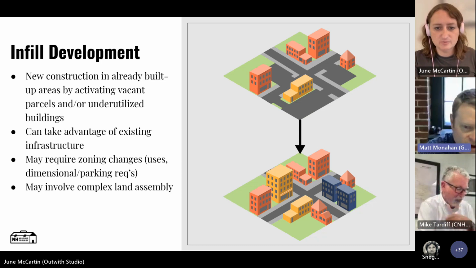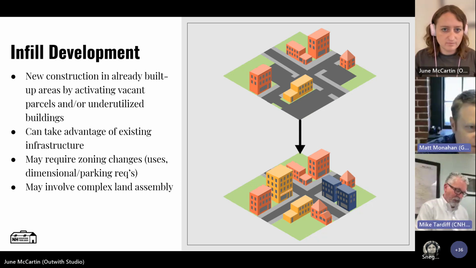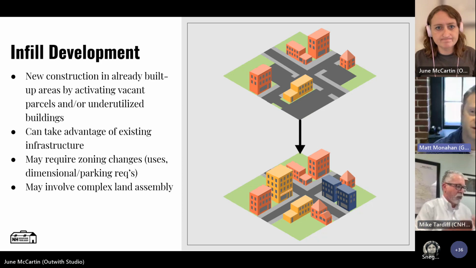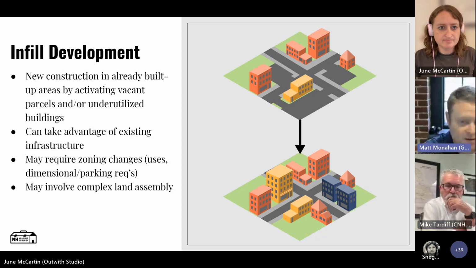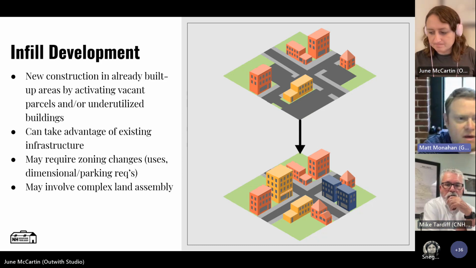Yeah, so this tool, I think the picture really captures it. Essentially, if you think about a village in your community, or if you have multiple villages, it's a way to get more new development in a compact area. So it looks at new construction.